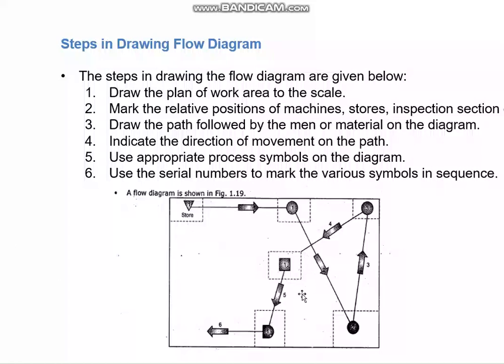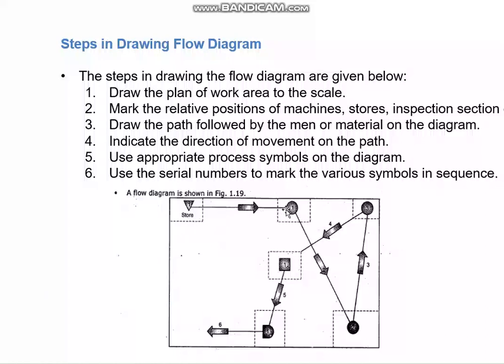See here, a store is there. This is a scaled diagram. That means the length and the breadth are according to some proportion, with the help of a scale, as we draw on the drawing sheet.